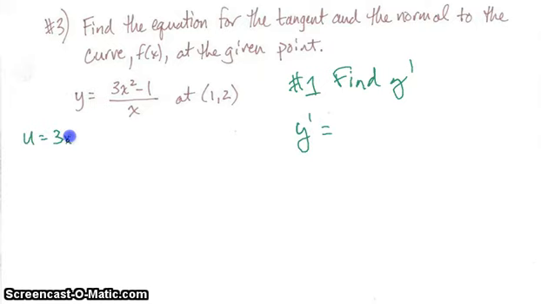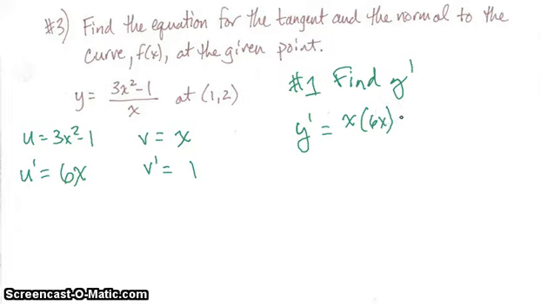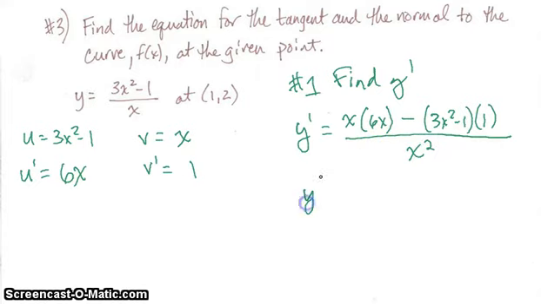I'm going to let u be 3x squared minus 1, v is equal to x. So I have x times 6x minus 3x squared minus 1 times 1 all over x squared.